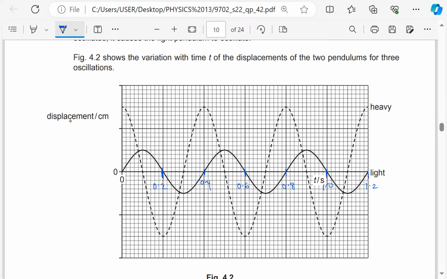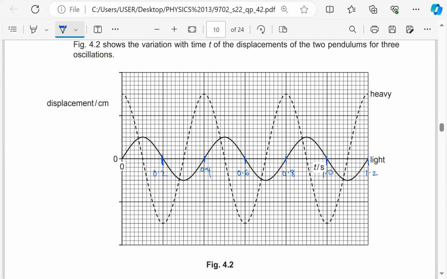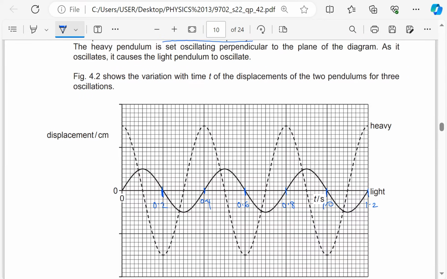Then the amplitude was 0.25. So this is 0.25 centimeters, because I said the amplitude x is in centimeters. So when I go on adding 0.25, those are 5 small squares. This will be 0.50, 0.75, and this will be 1.0.